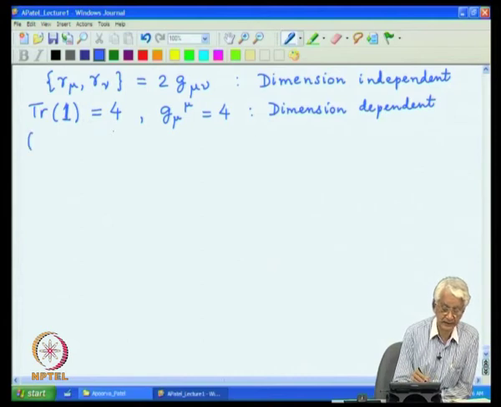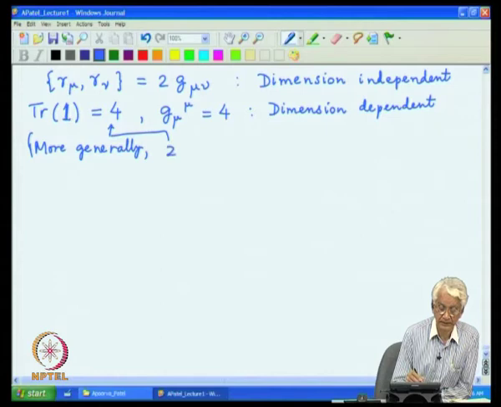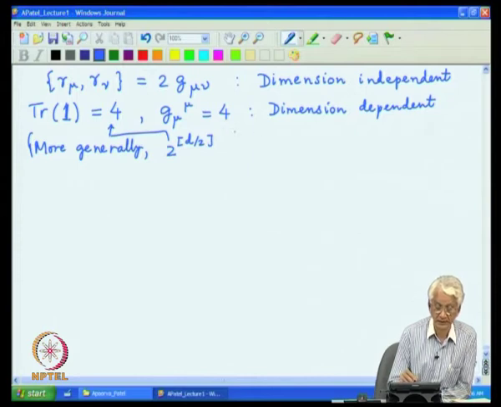In general, this object is the number of Dirac components, which is 2 raised to d by 2 in d space time dimensions, and this object is nothing but d.